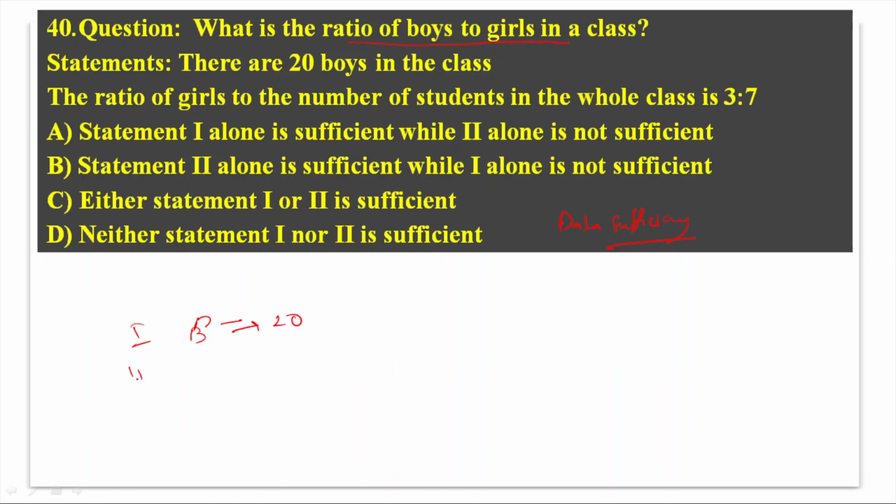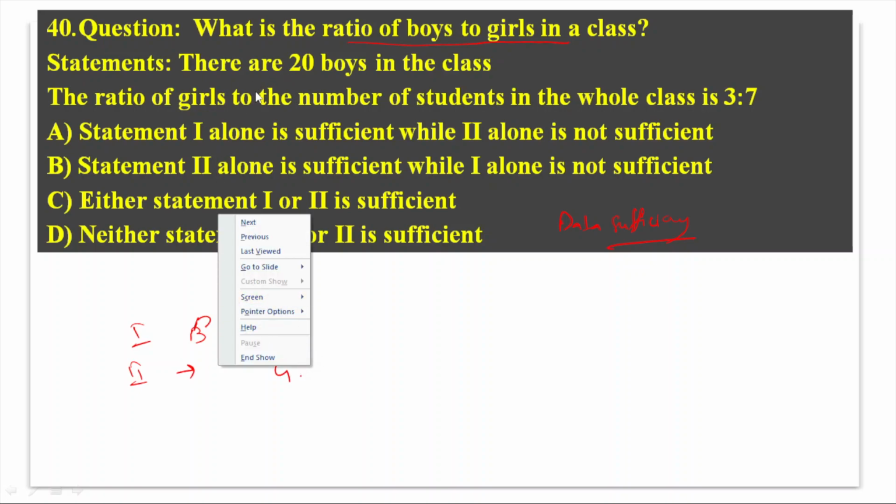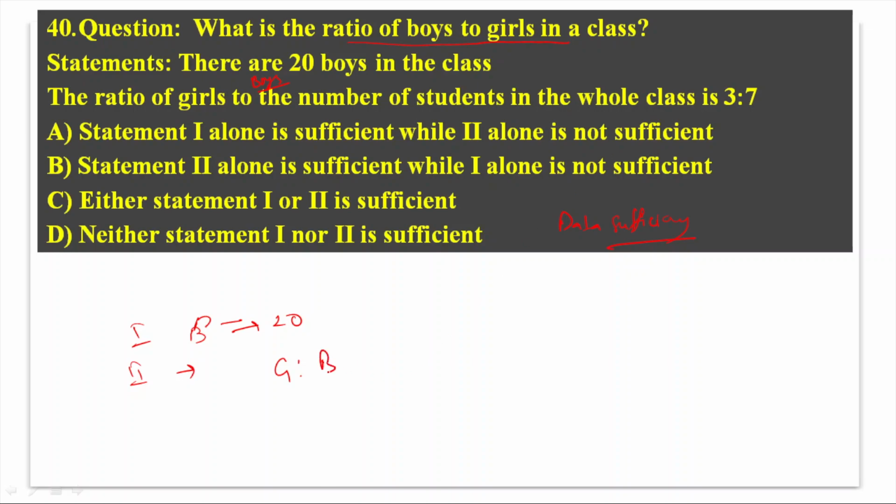The second statement: the ratio of girls to boys in the whole class is 3 is to 7. What he asked in the question actually means we need to find the ratio of boys to girls. If I reverse this, boys to girls, it will be 7 is to 3. So in order to solve this, I need to find which statement is sufficient.